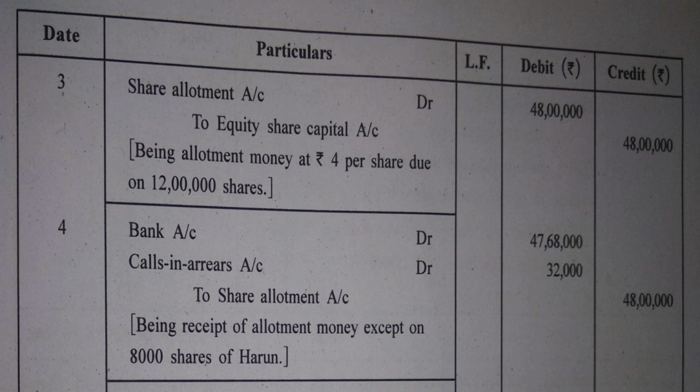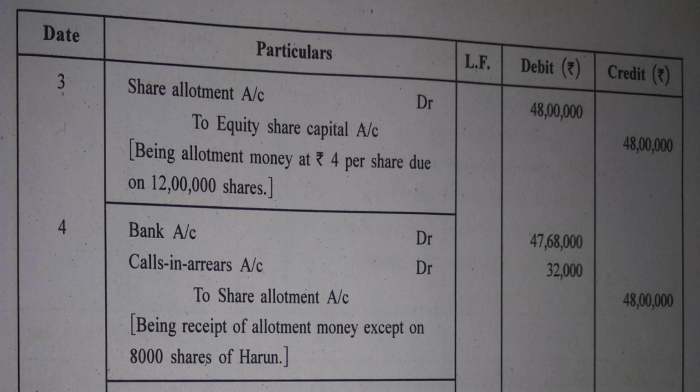That means the amount which is not received from a shareholder named Harun having 8,000 shares. Harun did not pay 4 rupees for 8,000 shares held by him. I was supposed to receive 48 lakh, but I did not receive 32,000 from the 48 lakh. So the amount received is only 47 lakh 68,000.